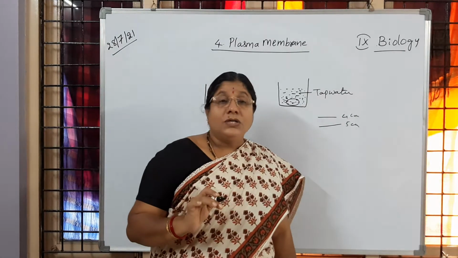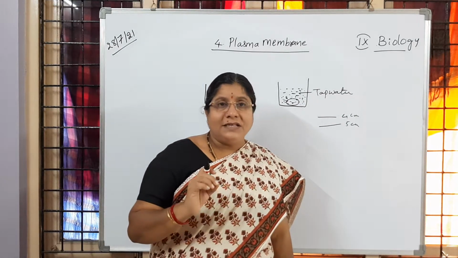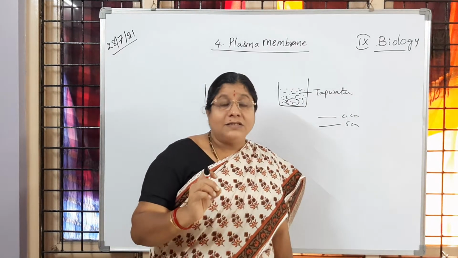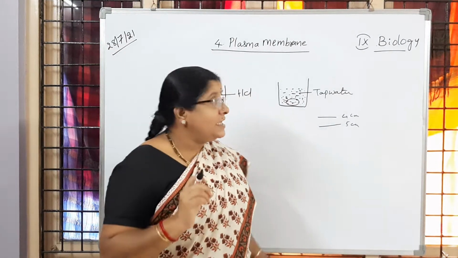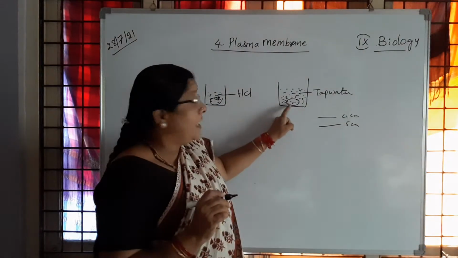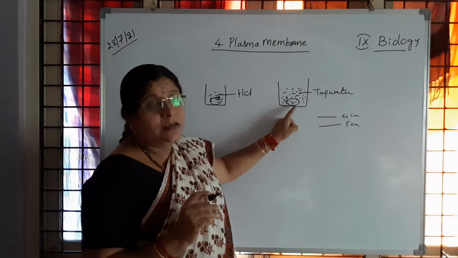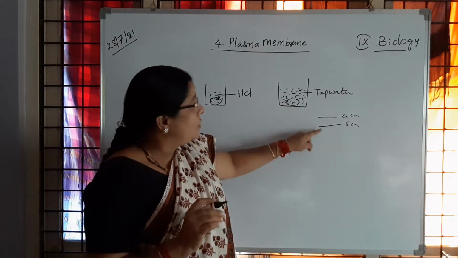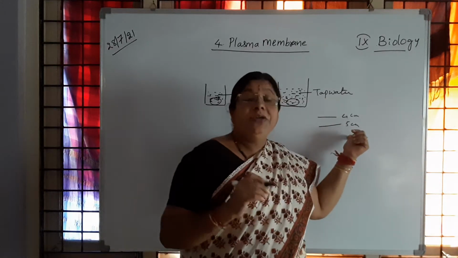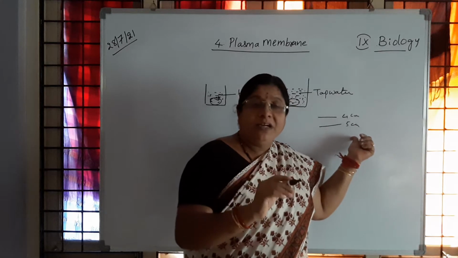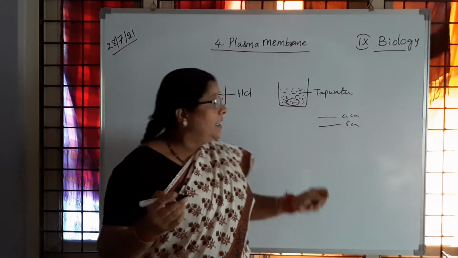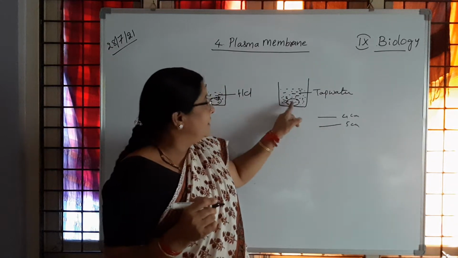Is it clear to you? Because of that, there is a difference you observe in the circumference of the egg. Is it clear? This makes you understand that the movement of water from the beaker happens into the egg.